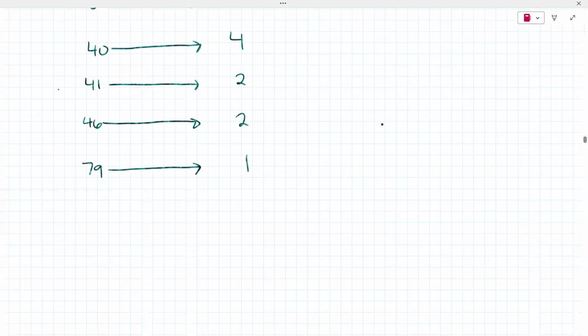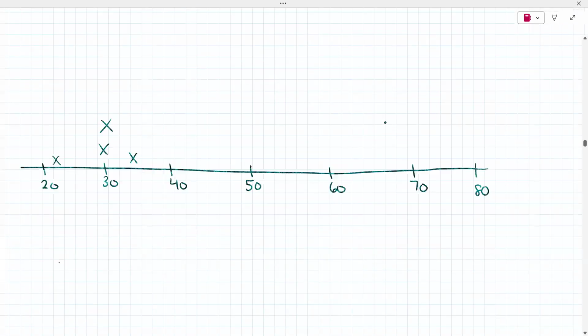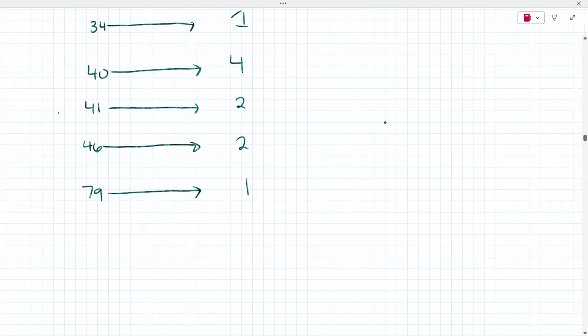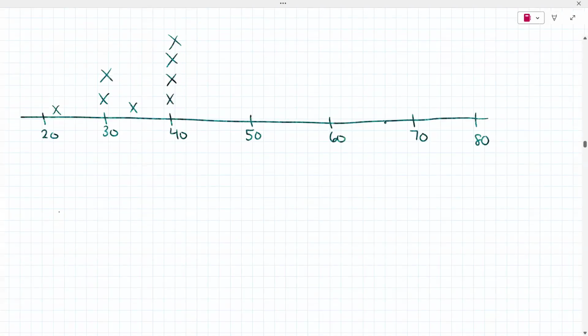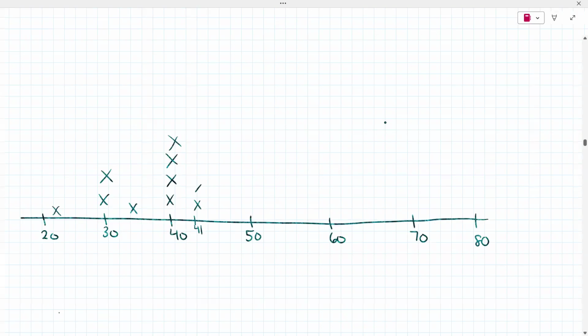And the next one is 40 with a frequency of 4. 1, 2, 3, 4. 41 has a frequency of 2. Here's 40, here's 41.